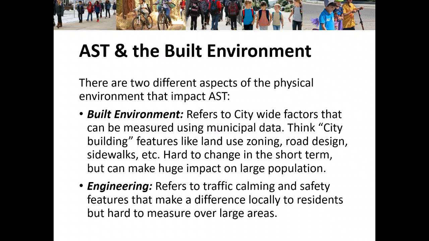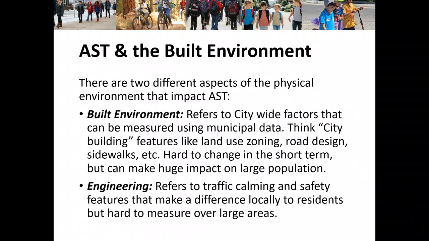But the things that a lot of these programs talk about, and when you think about some of the things Vicky was talking about, we're really talking about local engineering elements. This refers to traffic calming and safety features that make a difference locally to residents, but are hard to measure over large areas.